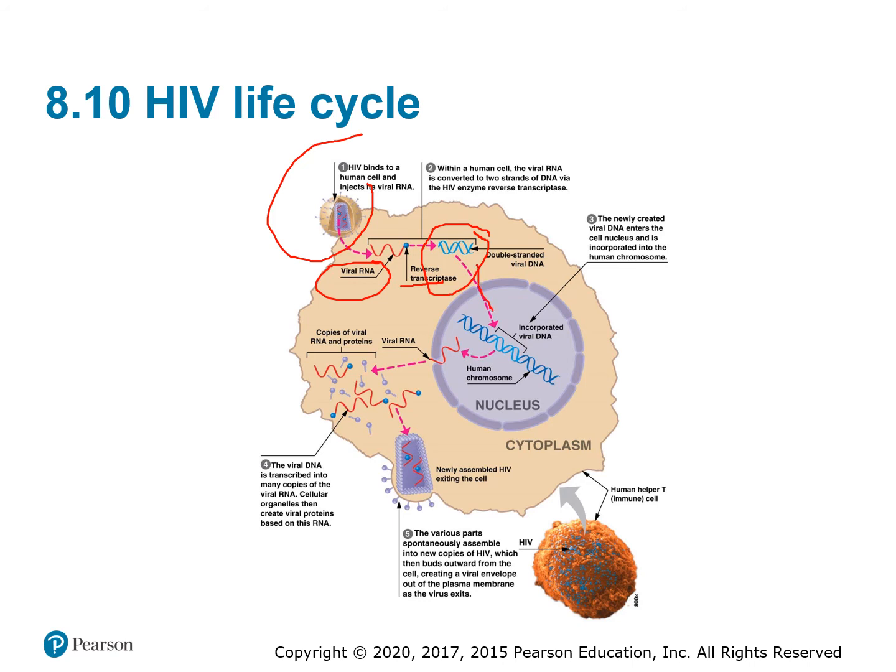That's what's happening here. And it can incorporate into the human chromosome. So literally within our chromosome, when you have an HIV infection, you have viral DNA that has inserted into our chromosomes. That's one of the reasons why with an HIV infection, people could be infected and not be sick for a long period of time, and then all of a sudden get very, very sick.